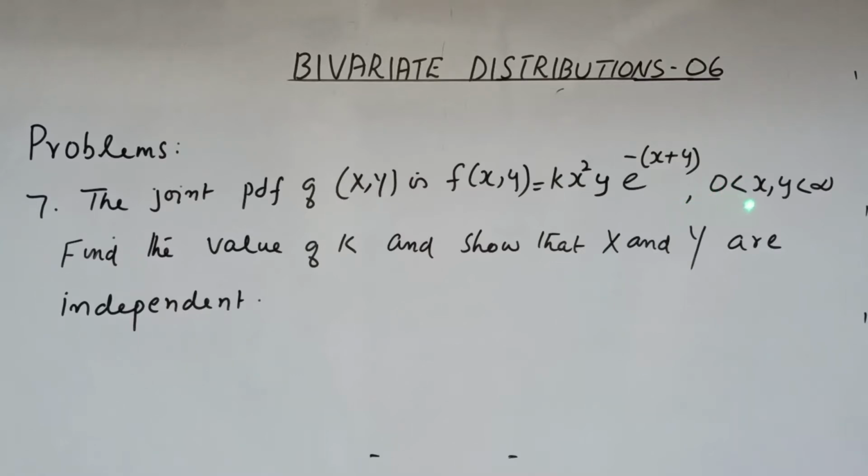Both x and y between 0 to infinity, that is 0 less than x, y less than infinity, means that 0 less than x less than infinity and 0 less than y less than infinity. Find the value of k and show that x and y are independent.